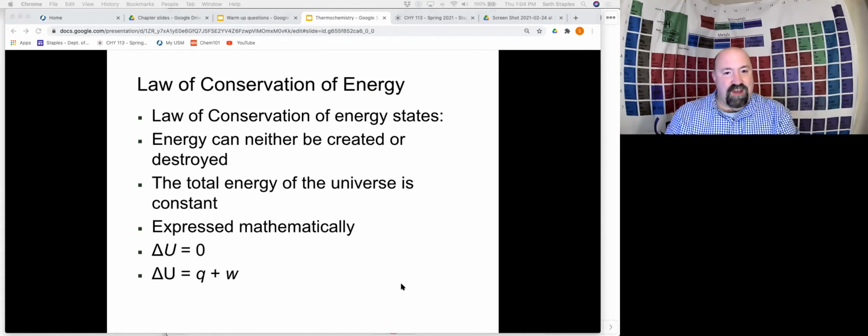Overall energy in general, total energy as a result of Q, which we will talk about. Q is the heat energy plus the work energy. Think about that maybe in terms of the energy involved in the combustion reaction for fuel that moves your car.